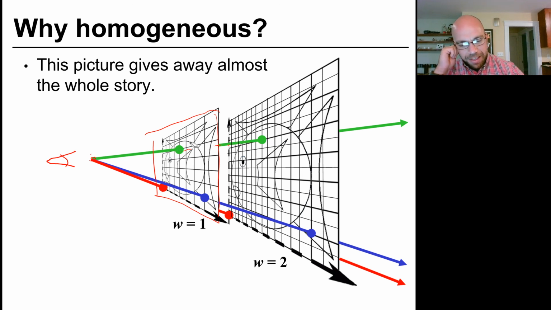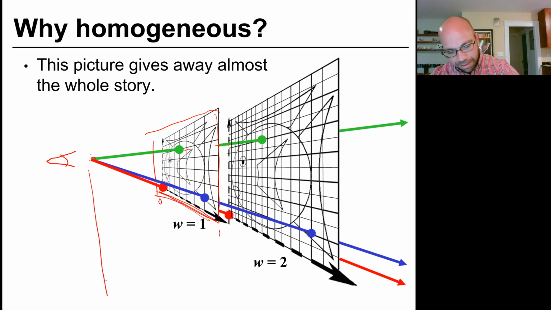So what does that mean? Well, what that means is that this square essentially gets bigger and bigger and bigger the farther that I move from the camera. So in order to get the position on my screen, like maybe my screen is here, this is 0, this is 1, what am I going to have to do?